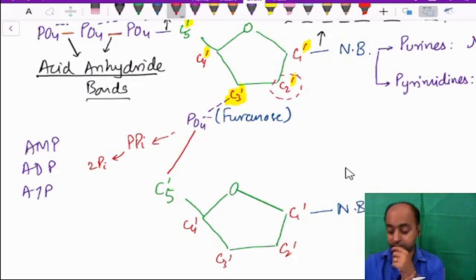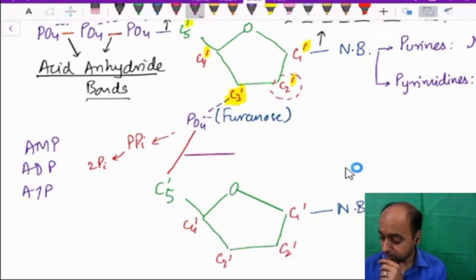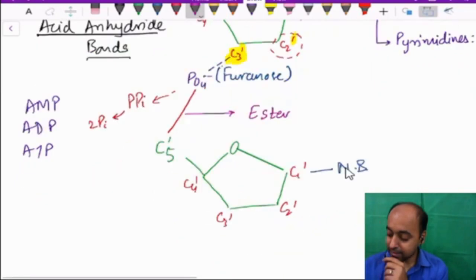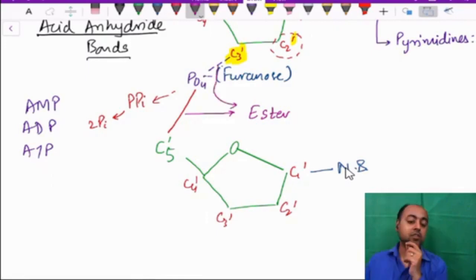Two things to note. Number one, look at the bond. The bond between C5' and phosphate is an ester bond. We already said. Exactly the same bond is there between the phosphate and C3' of the first sugar.